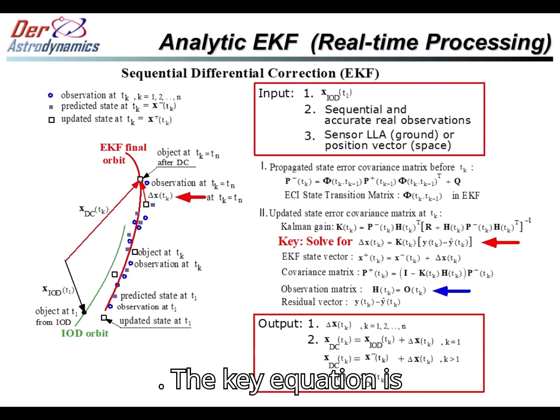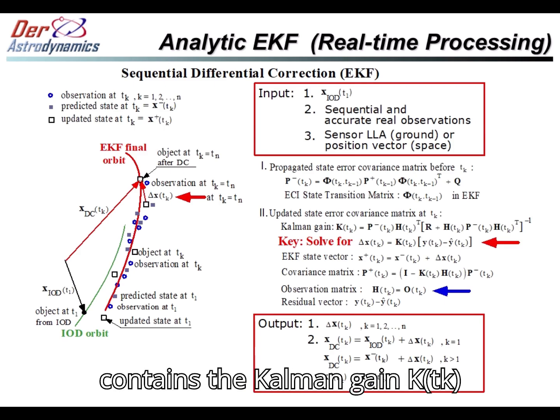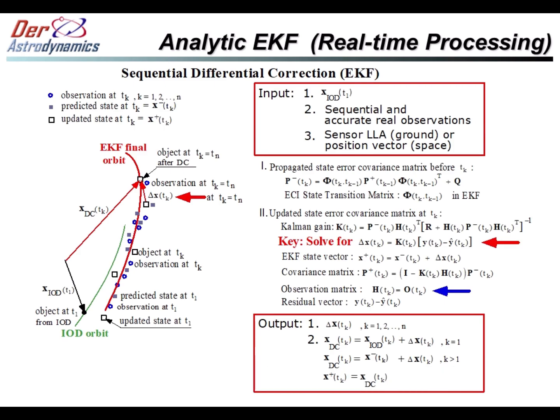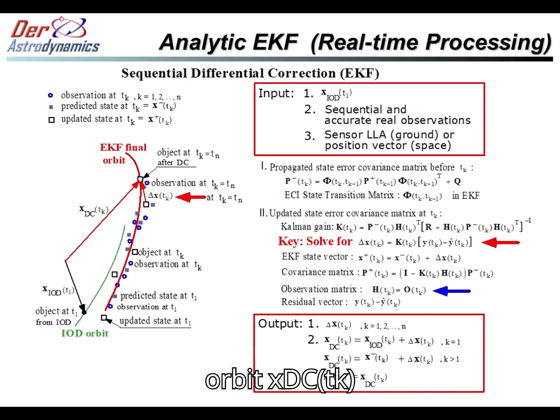Tk. The key equation is that of delta x Tk, which contains the Kalman gain and the residual vector y Tk minus y hat Tk. The output of EKF is the DC final state vector or the DC final orbit, x dc Tk at Tk equal to Tn.